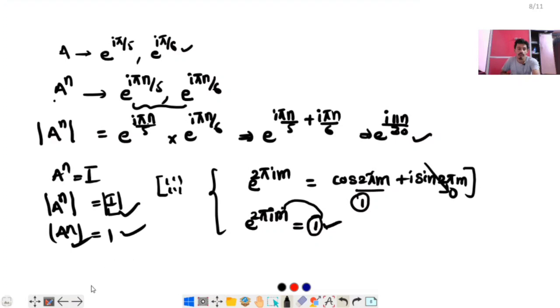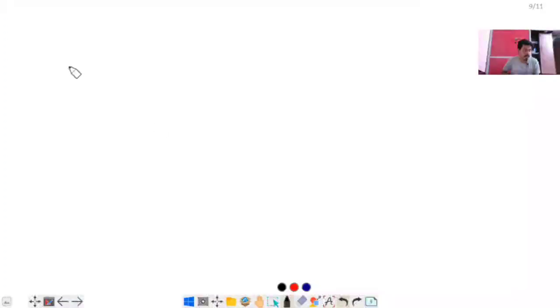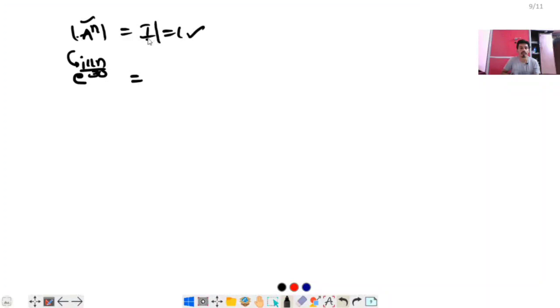So e power iota 11 pi n by 30 is equal to 1, since det of A power n is equal to det of I, which is 1.